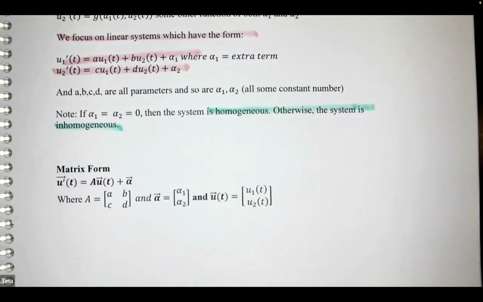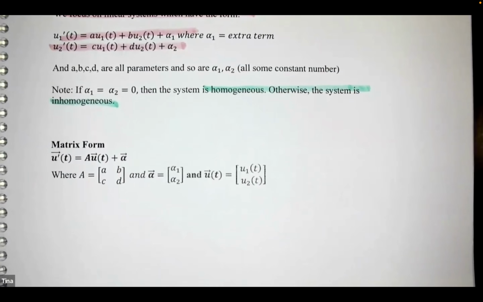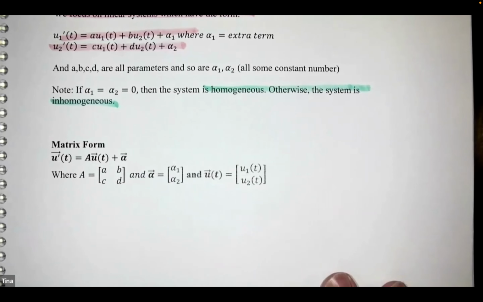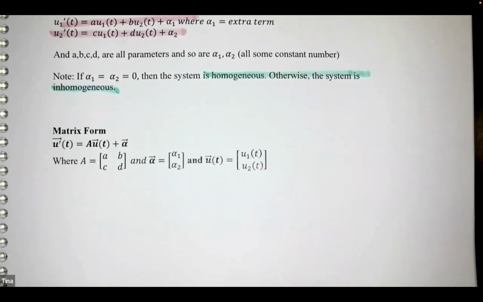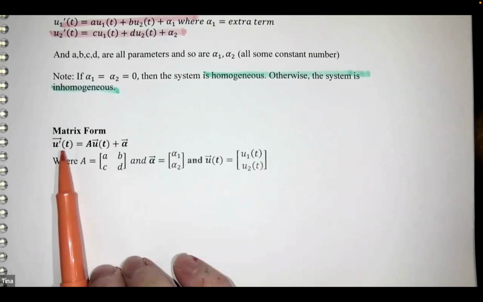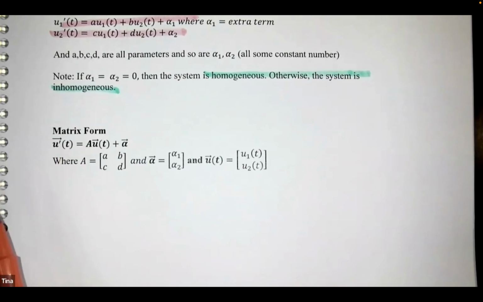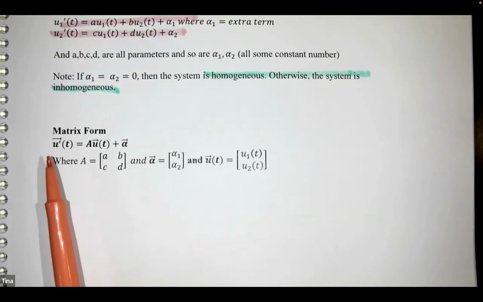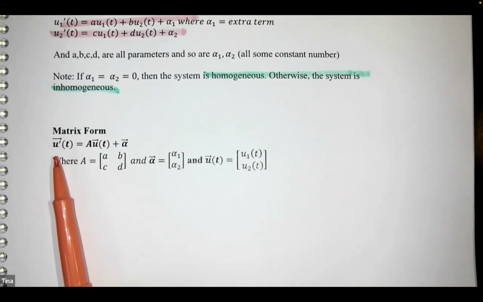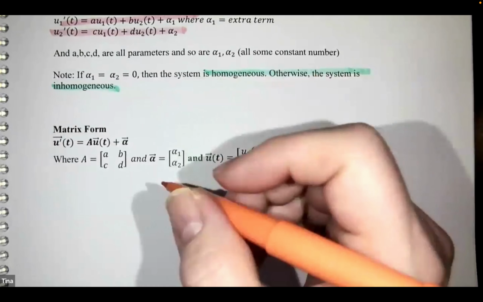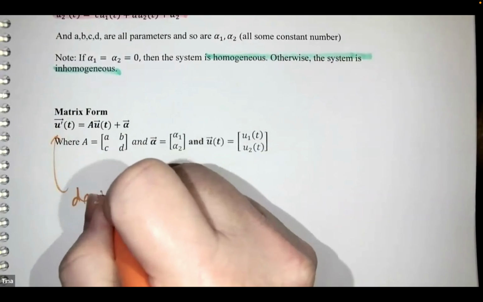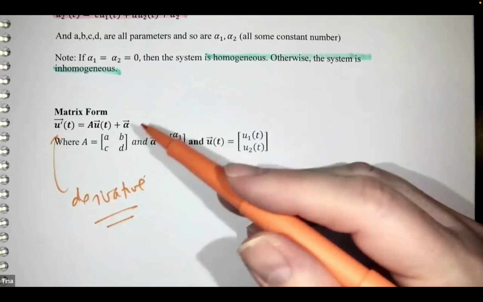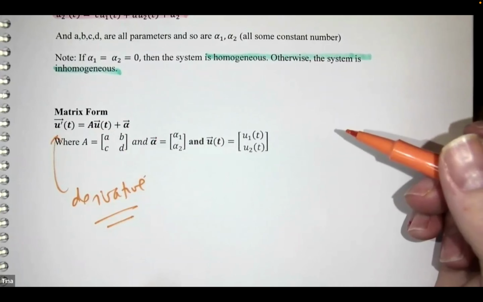So if you look at the notes for this chapter from Dr. Wild, I think it's chapter 8, 8.2 maybe. Anyway, the last section, some of the homework's on inhomogeneous, which they didn't cover, right? So you don't have to know how to solve that. So here, if you're asked for matrix form, we've got a derivative, right? It's not recursive, so it's not a t plus 1 or a t minus 1. It's a derivative. So u prime of t equals A u of t plus this alpha.